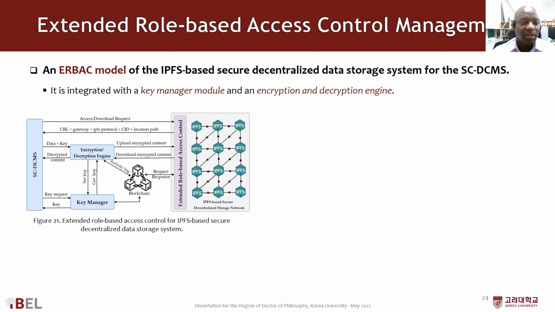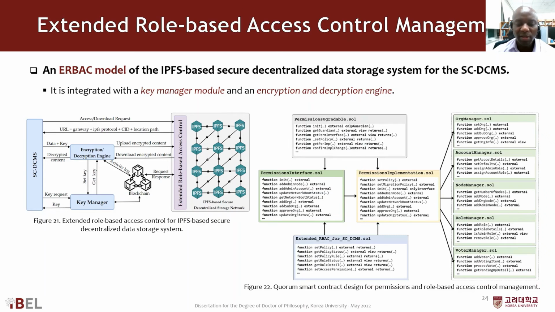We also proposed an extended role-based access control management scheme of the IPFS-based secure decentralized data storage system for the proposed system. The proposed extended role-based access control system is integrated with a key management module and decryption engine, which is used to encrypt the data before storing them in the IPFS and decrypting the data in order to be accessed by the user.